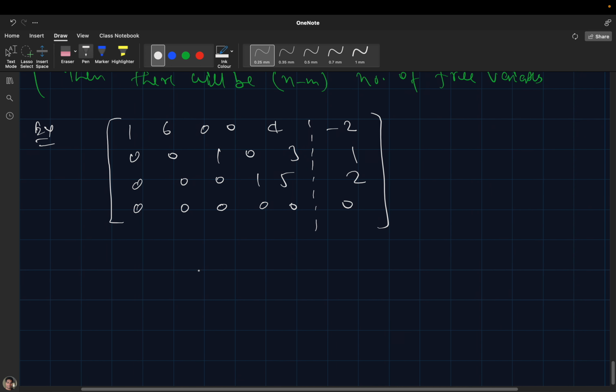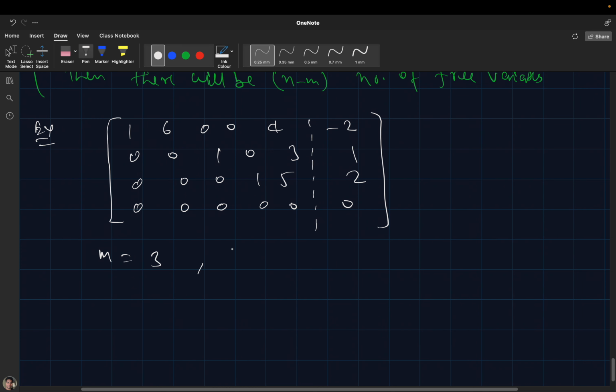So how many leading variables and number of pivots? M equal to 3.